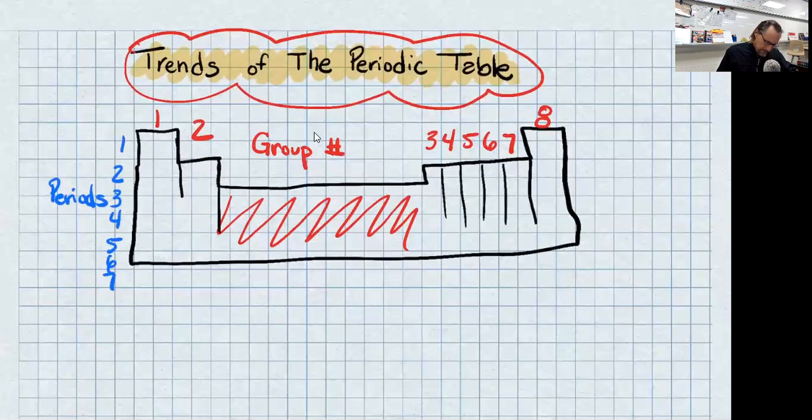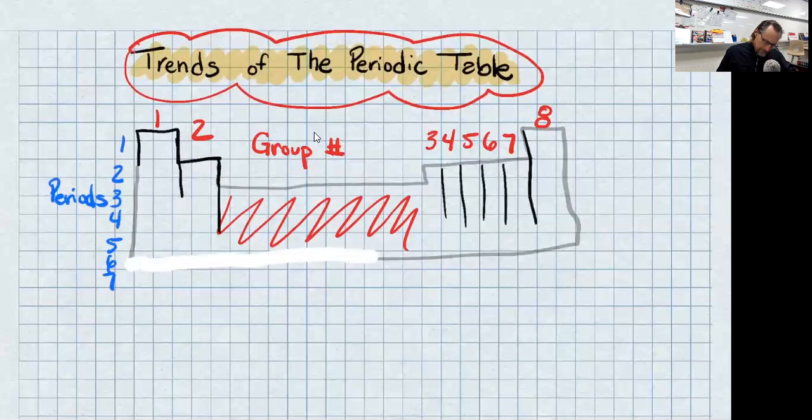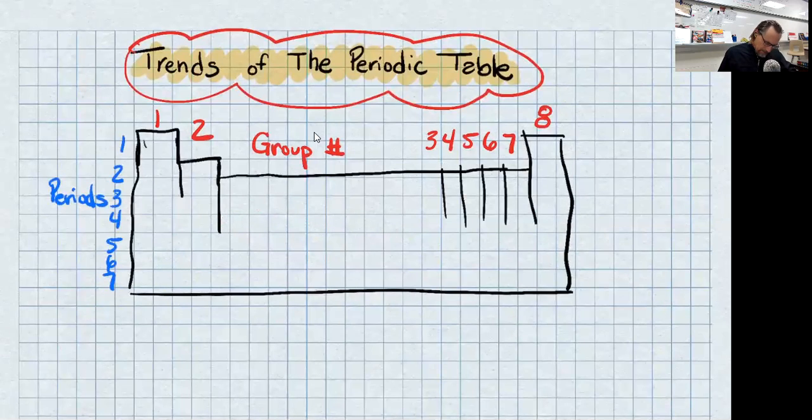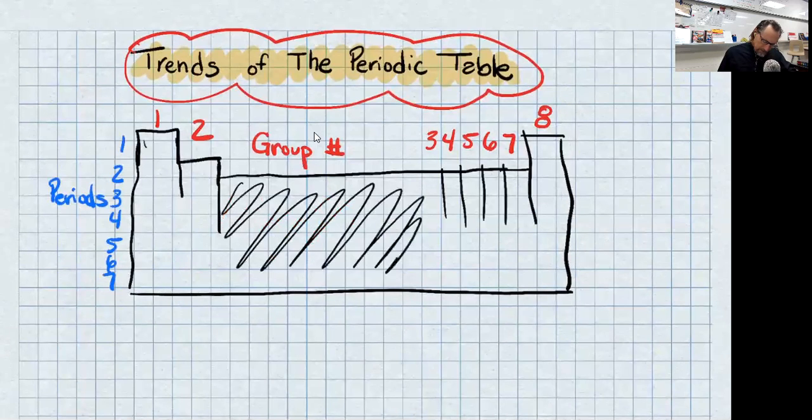If I wanted to make this a little bit more accurate, I'm going to include those down there in the bottom. These go over, trying to not erase too much of my periodic table there. And then again, we're ignoring these transitional metals in there. So really janky periodic table there. I apologize for that.